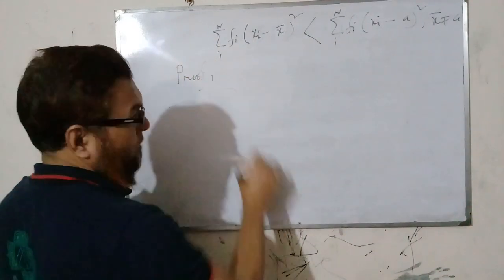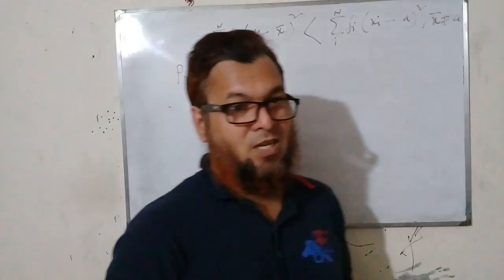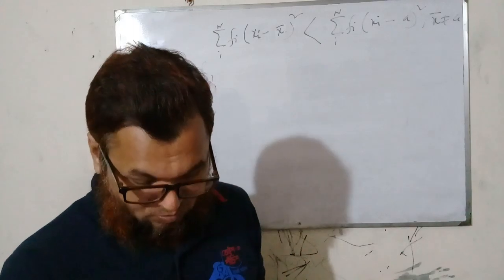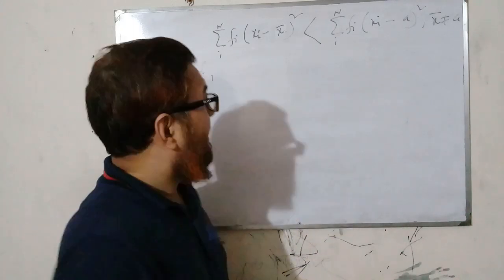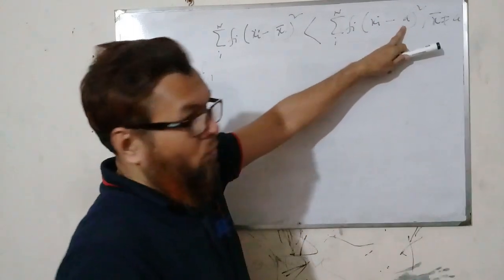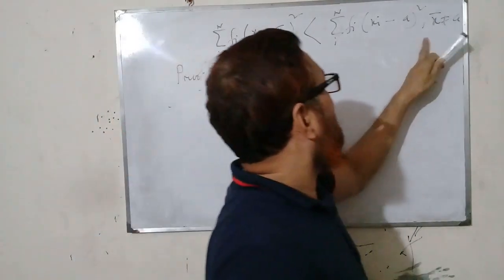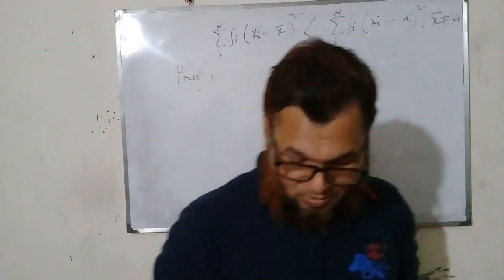Let x1, x2, ..., xn be n observations of a variable x with frequencies f1, f2, ..., fn, and a is any constant where x bar is not equal to a.